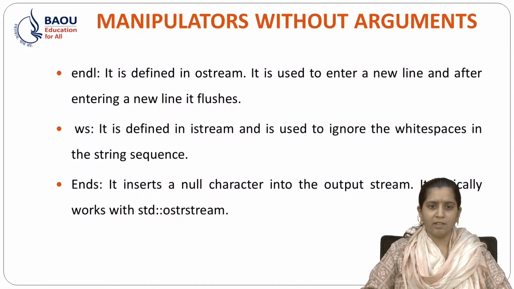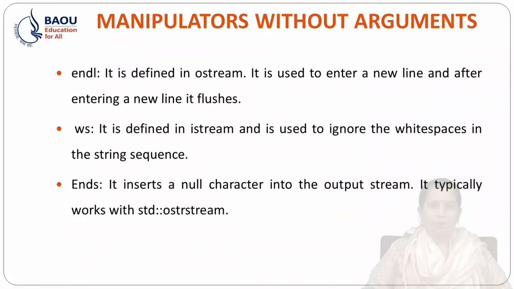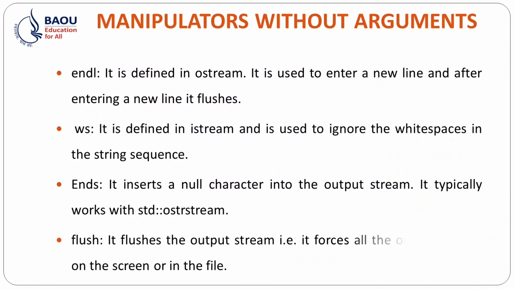Ends, it inserts a null character into the output stream. Basically, it works upon the std::ostream. Flush. It flushes the output stream, that is, it forces all the output to be written on the screen or in the file.